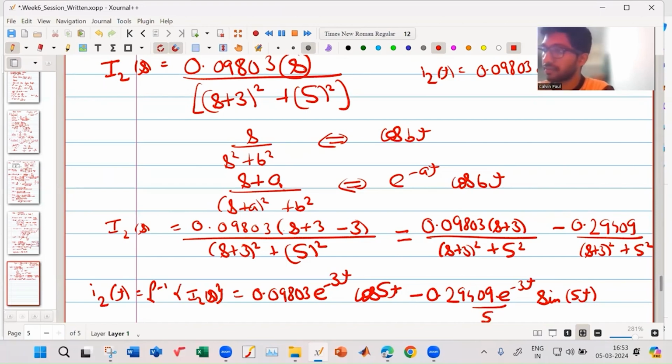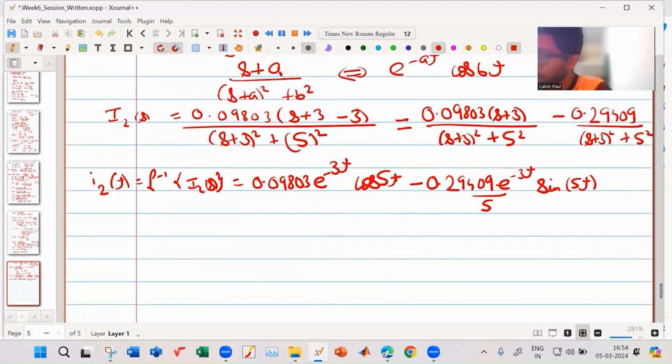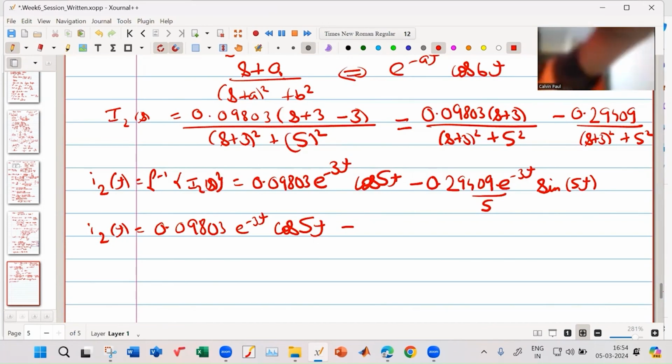Divided into 5, into 1 by 5. Yes, okay, that you must not forget. So I2 of t becomes 0.09803 e raised to minus 3t cos 5t. What is 0.29409 divided by 5?